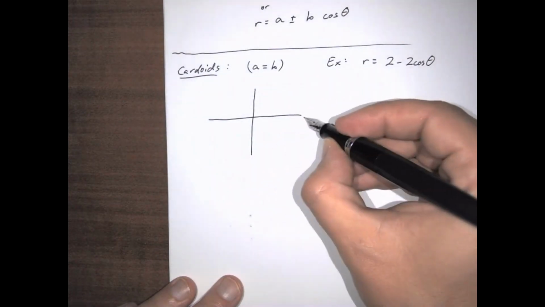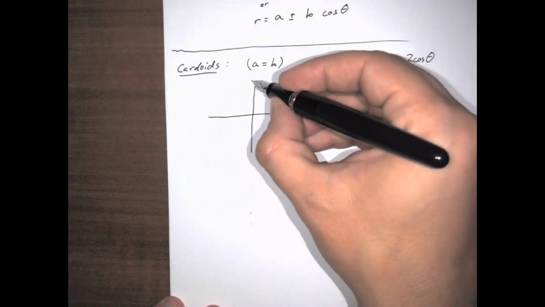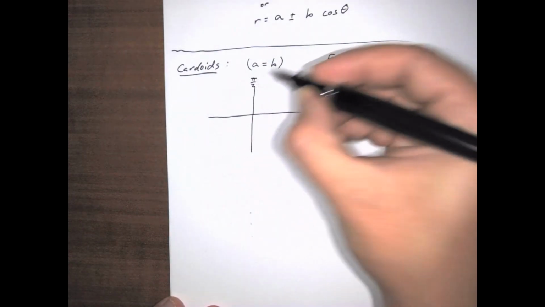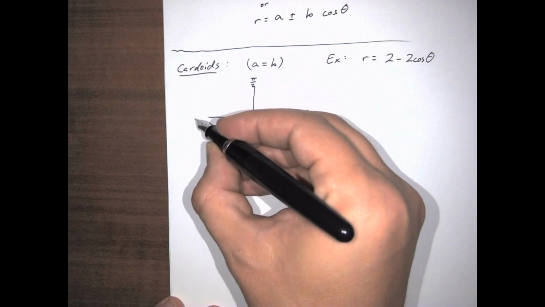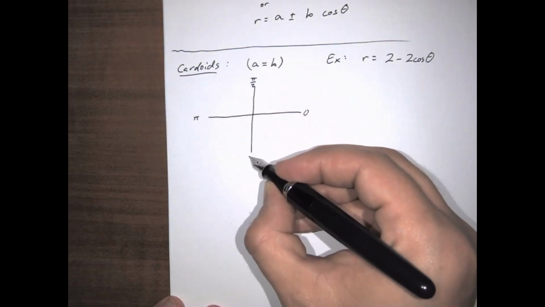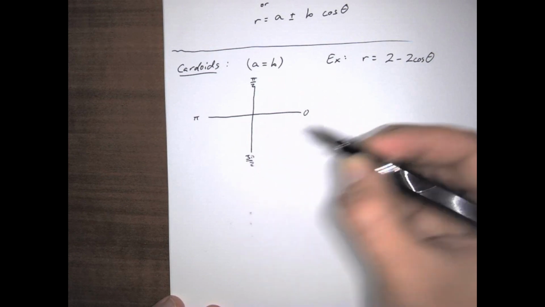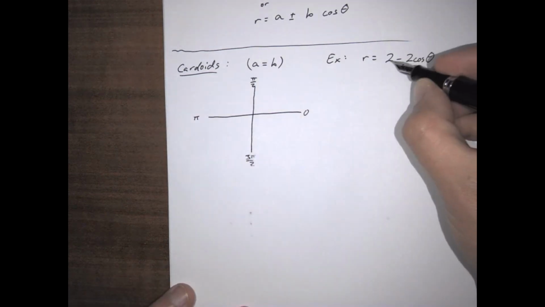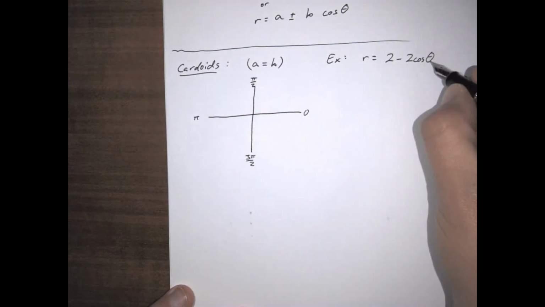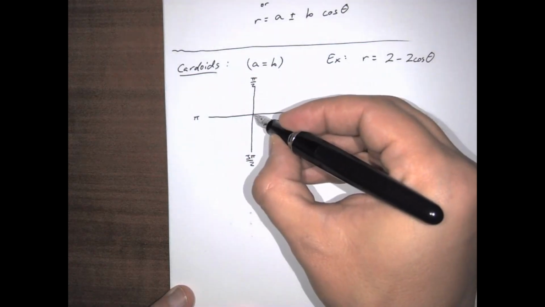The best way to do this is you just think about different values of theta around the circle and what those would do to the cosine. And then you just figure out what that would mean if that's the radius. Okay. So when theta equals 0, this will equal 1, which means the r will be 0.